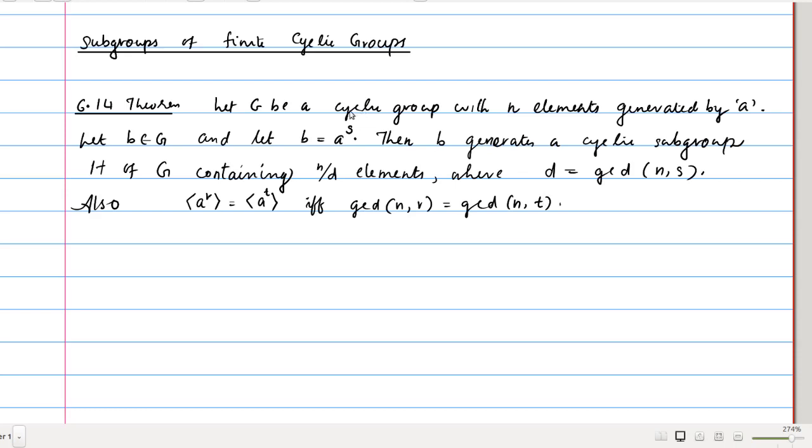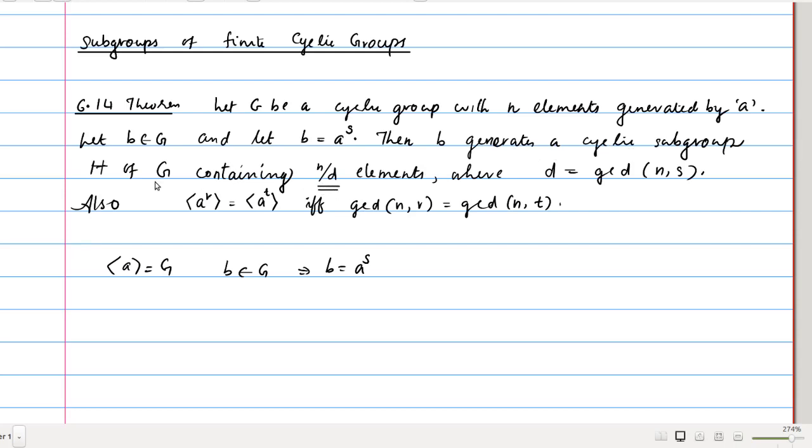This is the statement: let G be a cyclic group with n elements generated by A, that is G is the cyclic subgroup generated by A, and if B belongs to G, then B is A raised to some S. We know that every element generates a cyclic subgroup of the original group. So B generates a cyclic subgroup H of G containing n by D elements.